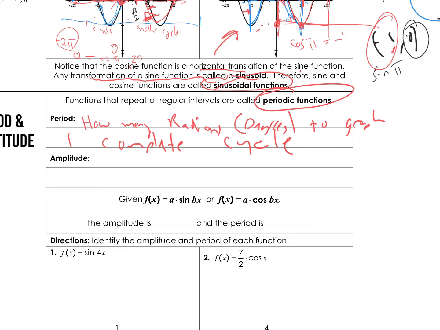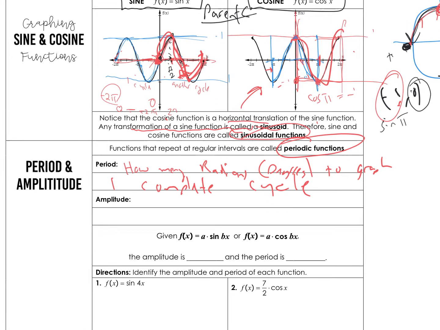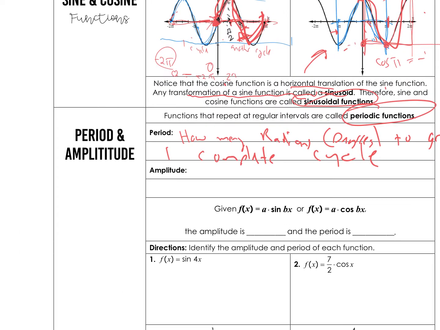So we said that the sine curve completed it in 2 pi to finish the graph, or over here, 2 pi to finish the graph. That was called the period. And there's actually a symbol for it. It's this fancy T called tau.